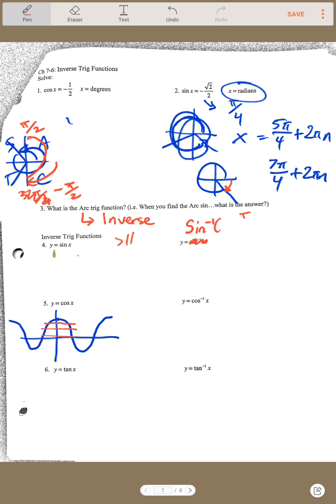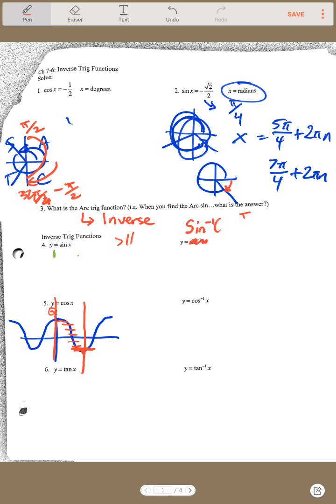In order to pass the horizontal line test, again, we can start at quadrant 1, or rather start at the 0 degree measure, and as we go, we'll always pass the horizontal line test, and as we keep going, you'll notice right here, that's when we're actually not going to pass the horizontal line test anymore, once we pass this point, because now we're seeing 2 points are giving us the same y value. So we're going to have to restrict our domain so it just stops here.